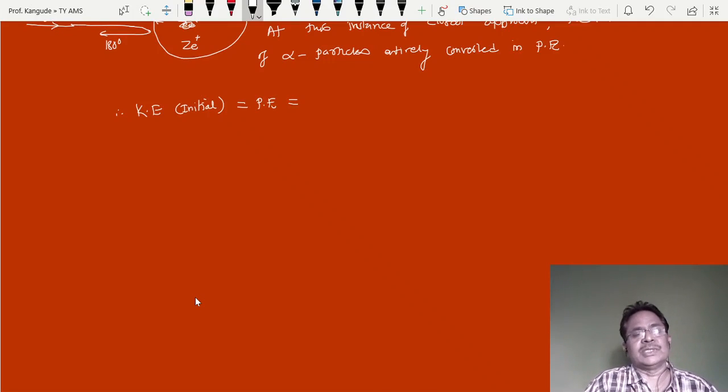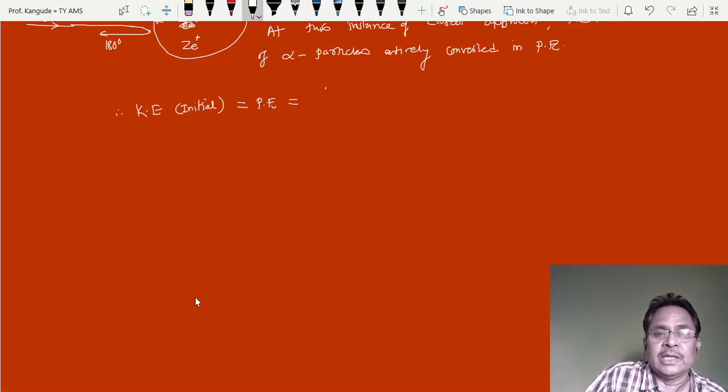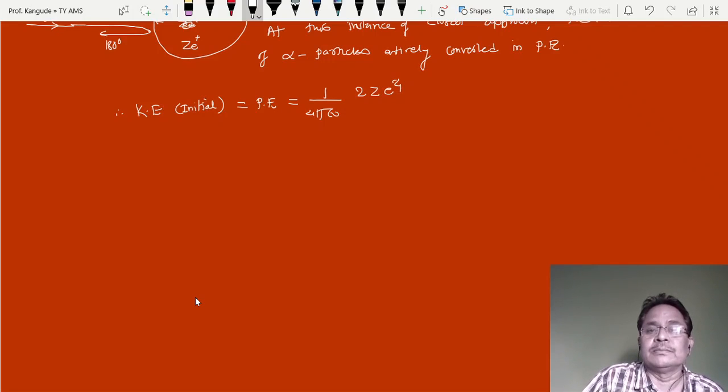The charge of the alpha particle is 2e, and the charge of the positive nucleus is Ze. So I can write this potential energy by the simple formula 1 over 4 pi epsilon 0, times 2Ze squared.